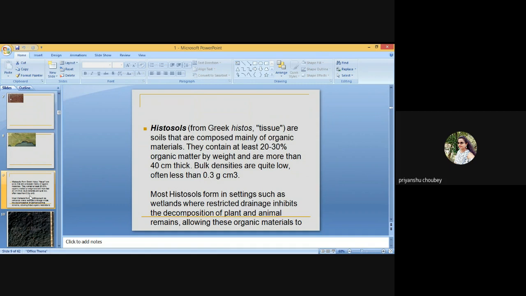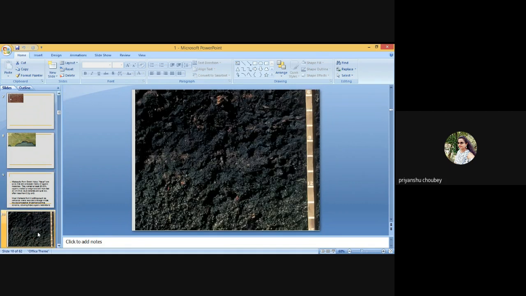Bulk densities are quite low, often less than 0.3 gram per cubic centimeter. Most Histosols form in settings such as wetlands where restricted drainage inhibits the decomposition of plant and animal remains, allowing these organic materials to accumulate. This picture is a Histosol.